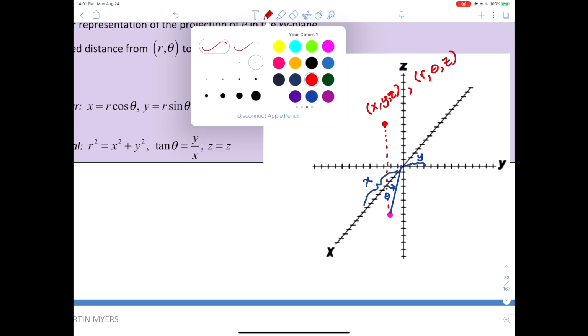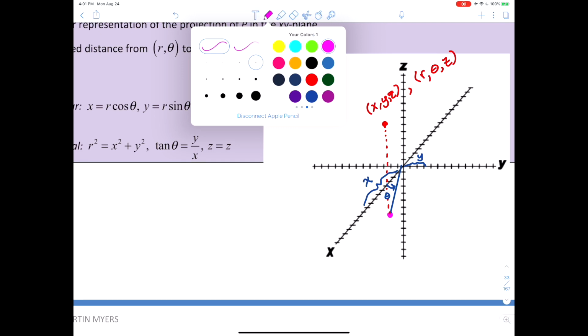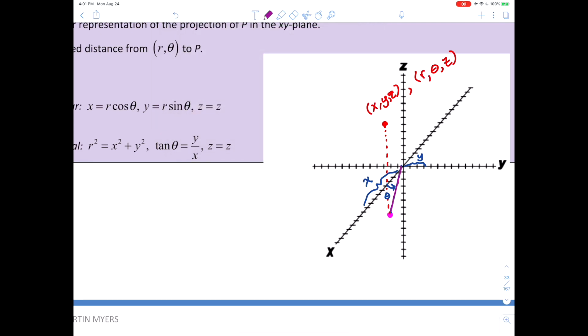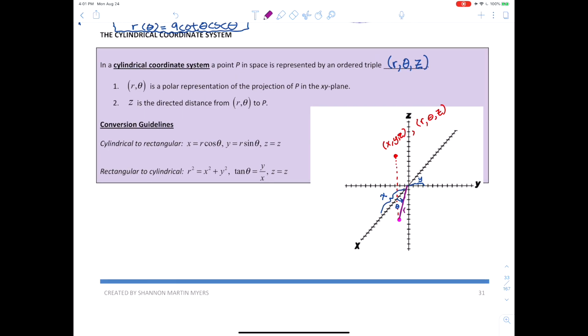And then of course right here, this right here is your r. Cool, cool? All right, so that's just sort of a picture of what's going on.